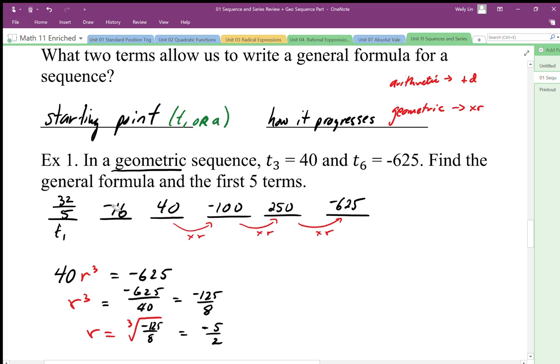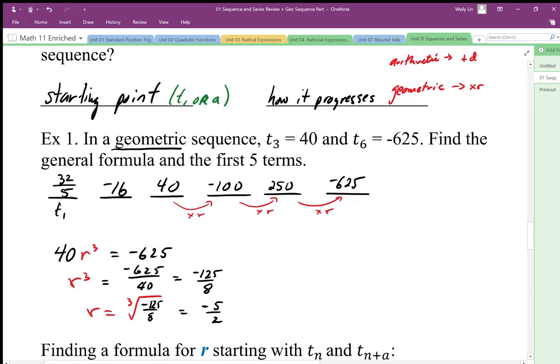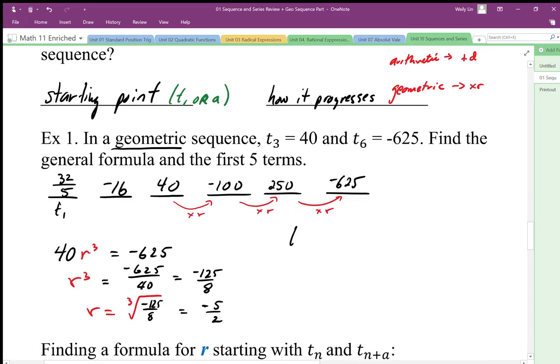Let me just double check that. 16 divided by 2.5. Yeah, that's right. So the general formula, I can write Tn is equal to 32 over 5, my multiplier is negative 2.5, and then n minus 1, that counts the number of steps from 1 to wherever n is. So there's my general formula.